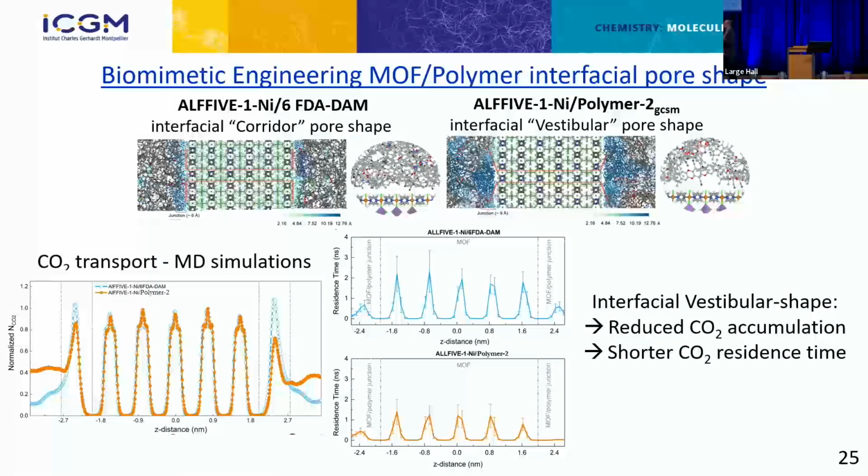You see that this objective is achieved. For 6FDM DAM aluminum MF5, you have a residence time of about 600 picoseconds. In the case of the polymer we found with this vestibular shape, you have a decrease to 400. It means that we are achieving the goal we want, less CO2 accumulating at the interface.